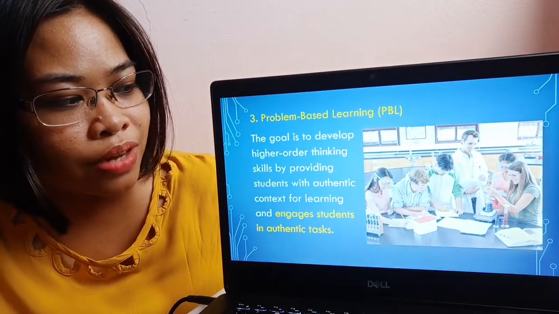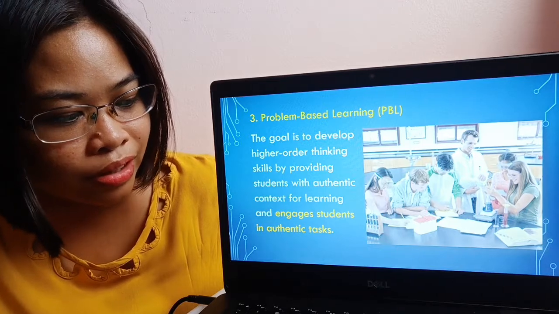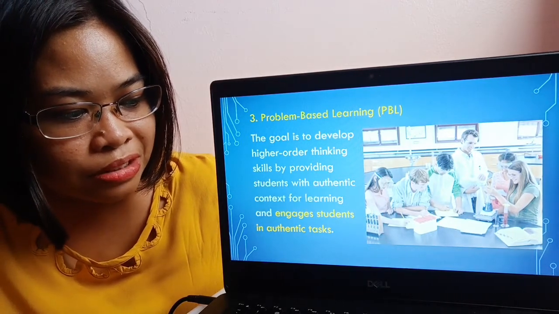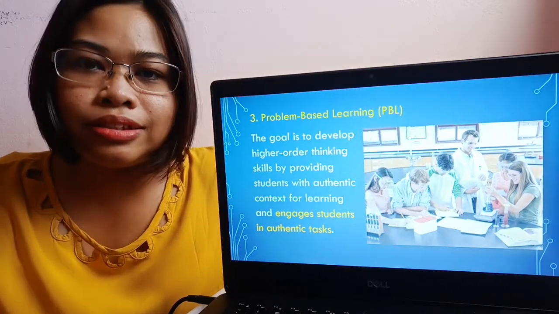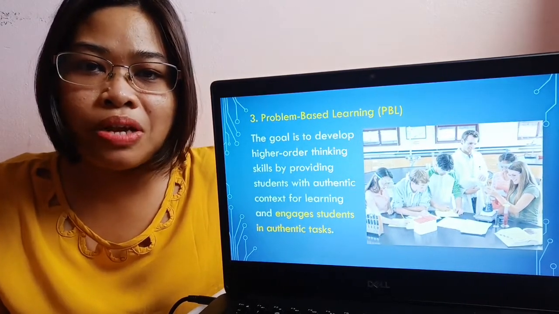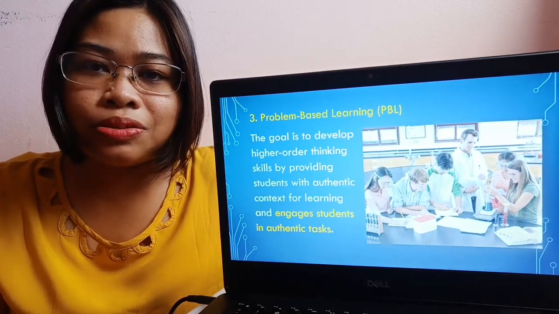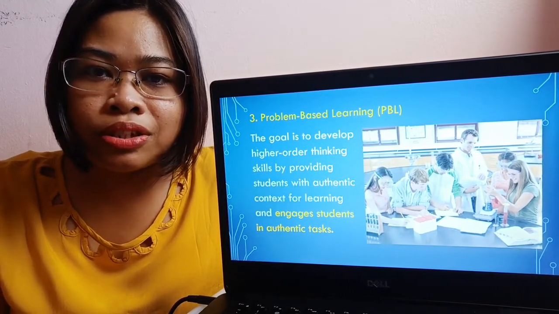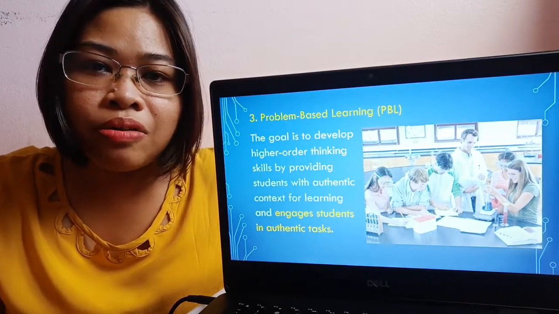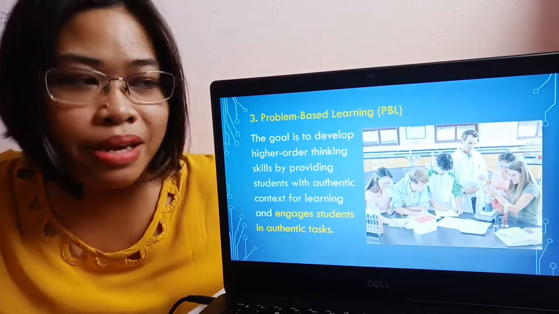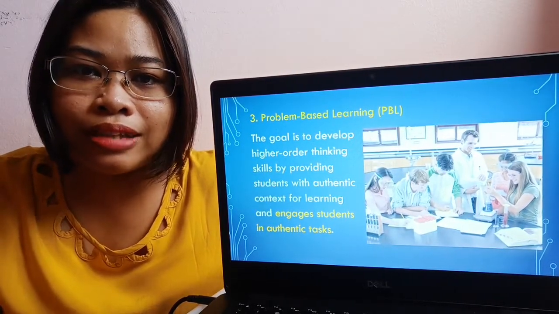The goal is to develop higher order thinking skills by providing students with authentic context for learning and engaging them in authentic tasks. This is different from the inquiry approach because the inquiry approach only suggests students to search for the answers through the help of technology, while problem-based learning engages them in authentic tasks.